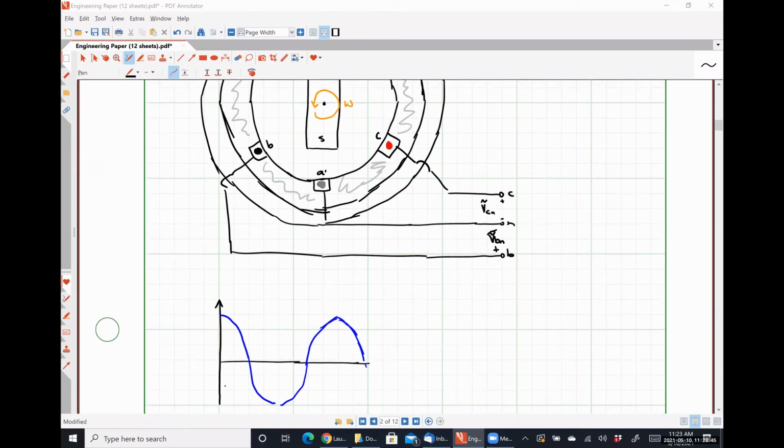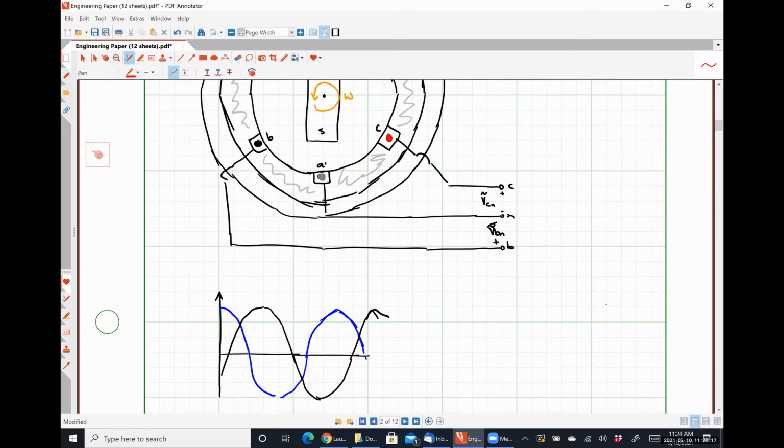So that means it'll look something like this. And then finally, our C phase is 240 degrees removed from our A coil, and so it will be shifted by 240 degrees there.